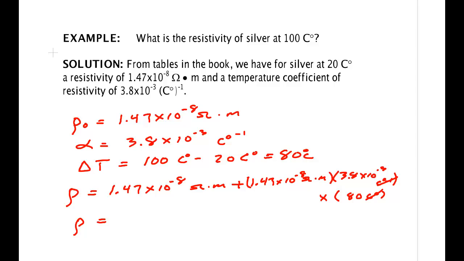Punch this into a calculator. The change is 0.304, and I add that to 1, so it's going to be rho naught times 1.304, if I've done that right.